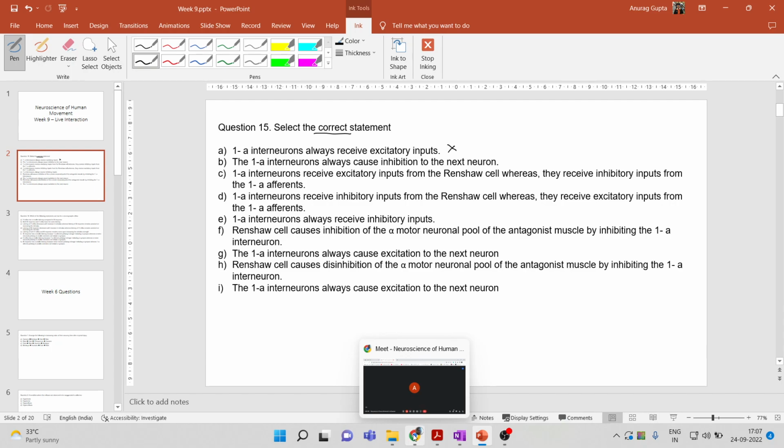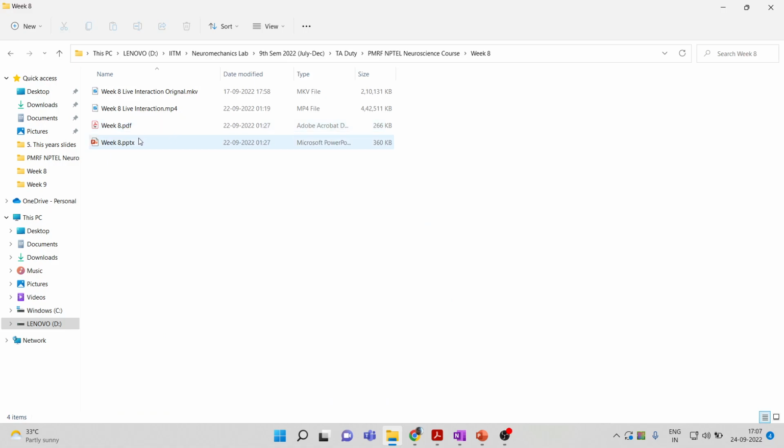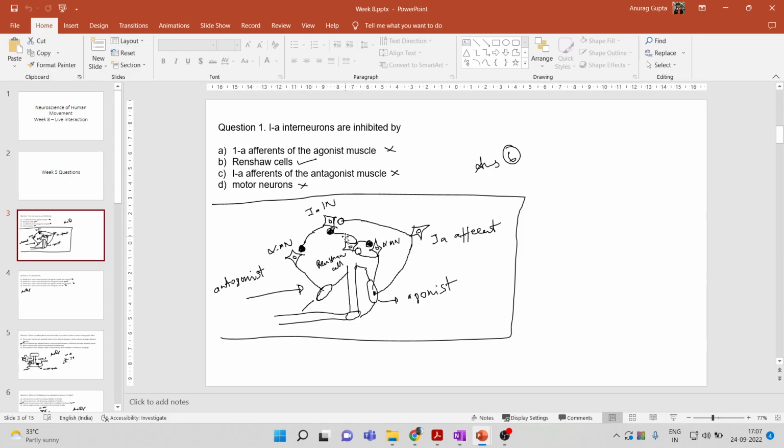Let me just go to the previous weeks. So this was the situation. This is the agonist muscle. This is the antagonist muscle. This is the 1A afferent which is sensitive to stretch.